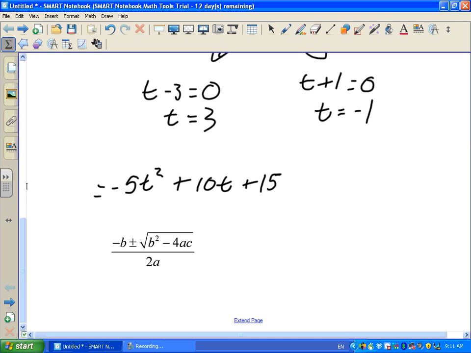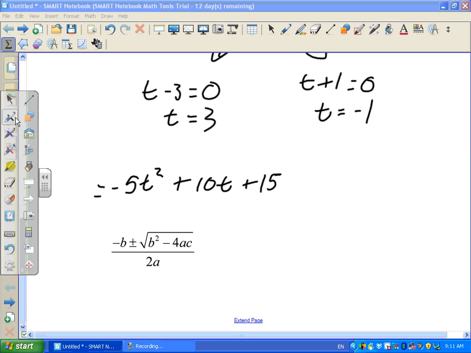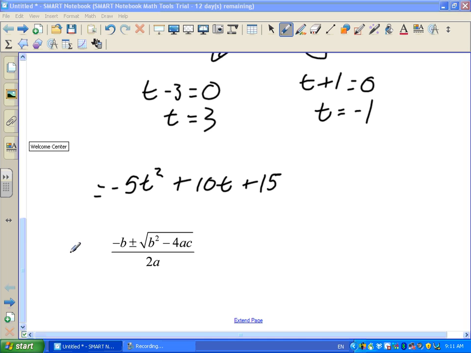Make sure you have this down. The quadratic formula says that, even though they didn't put it in here, x, or t in this case, is equal to negative b plus or minus the root of b squared minus 4ac, all above 2a. It's a pretty in-depth formula, but all we're actually doing is plugging in values.